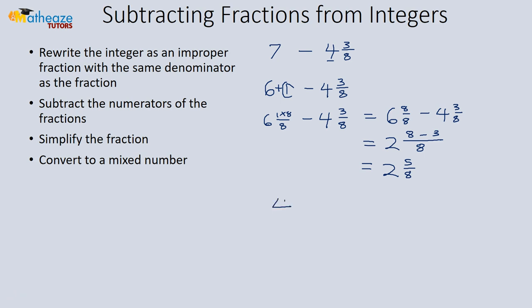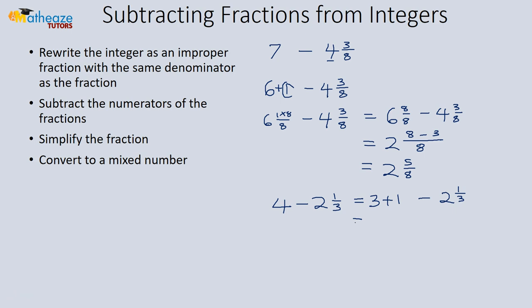Let's go with 4 minus 2, 1 over 3. So our step here is we're going to rewrite the integer to look like a mixed number. So what we're going to do is subtract 1 from that 4 and make it 3 plus 1 minus 2, 1 over 3.